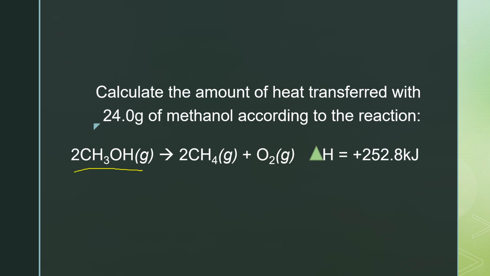You're given this reaction equation and this enthalpy value. Since you're given the reaction equation and the enthalpy value, and it asks you to calculate the enthalpy value for 24 grams of the substance, then you're going to use stoichiometry to solve this. This is just a stoichiometry problem.